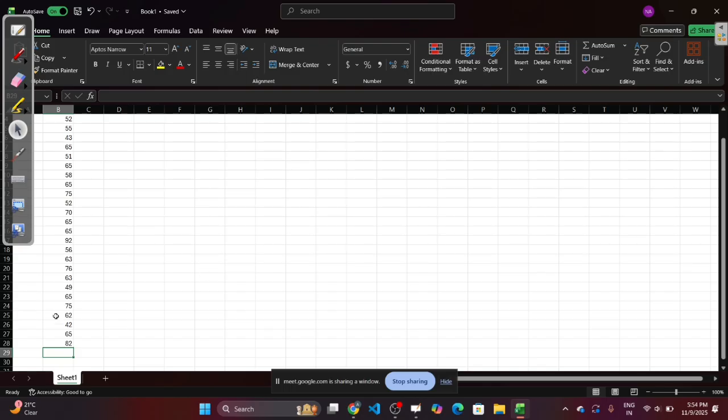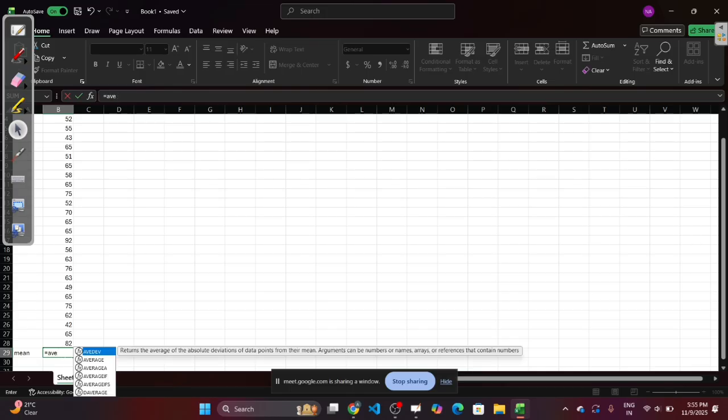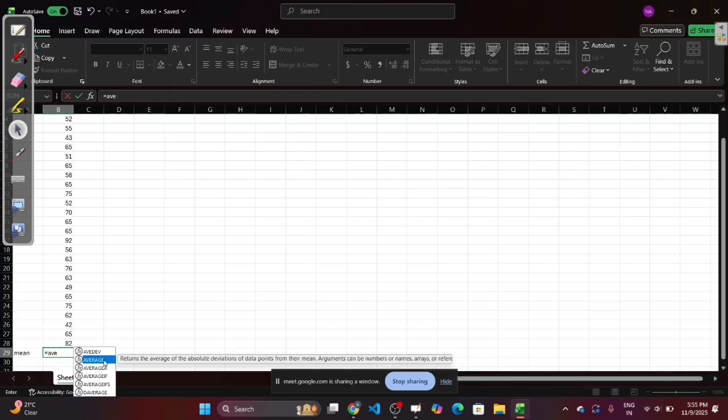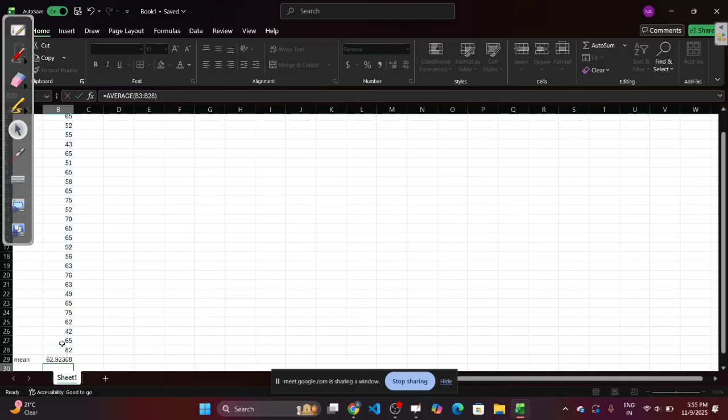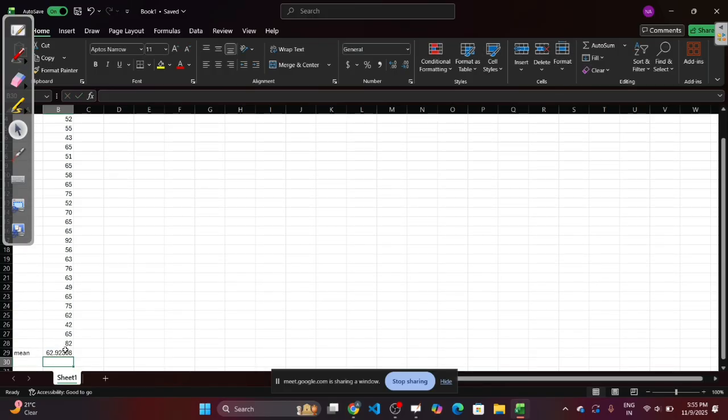First we have to find the mean of it, right? What is the function for the mean? It is equal average, then select the range. Right, so this is the average. Let's fix it to 1 decimal place.